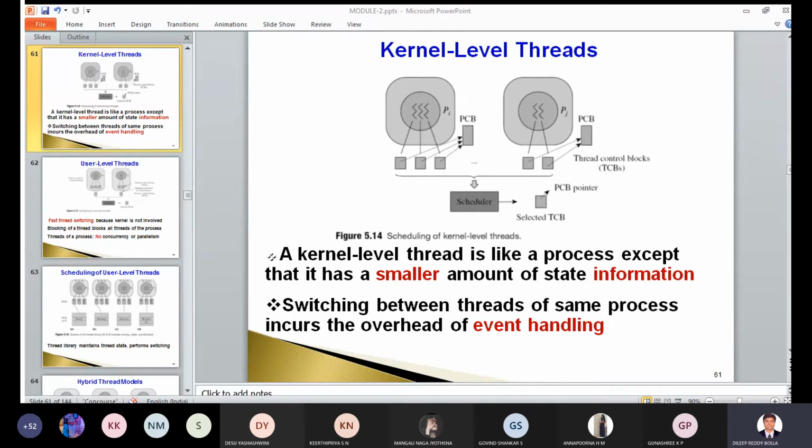Some event is happening, and the kernel will save the CPU state of the interrupted thread in the TCB.